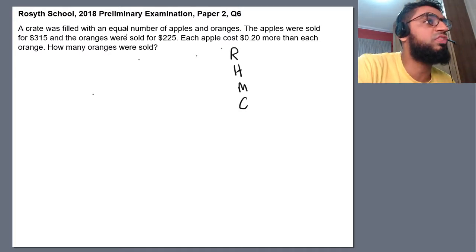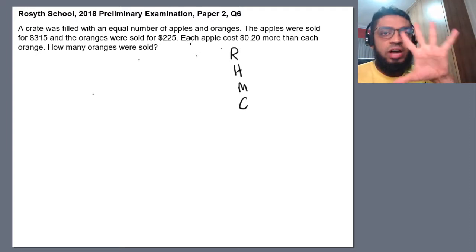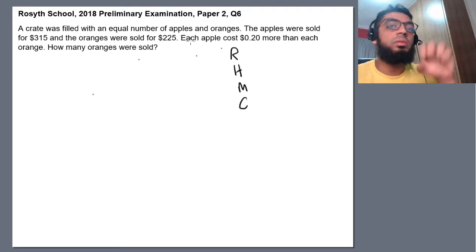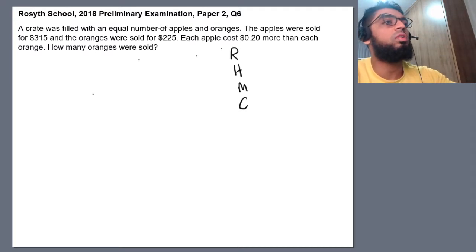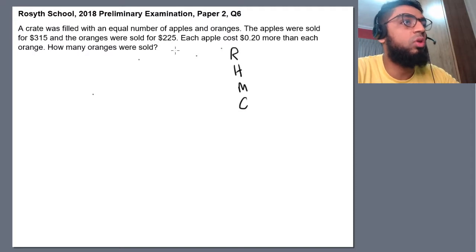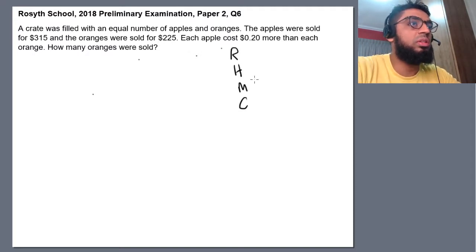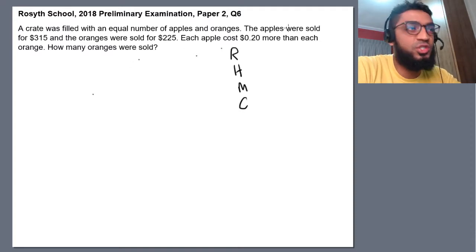Okay, so a crate was filled with an equal number of apples and oranges. So for example, if there were 5 apples, there will also be 5 oranges. The apples were sold for $315 and the oranges were sold for $225. Each apple costs 20 cents more than each orange. How many oranges were sold?